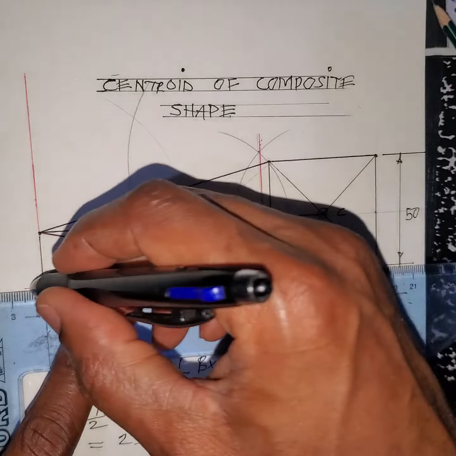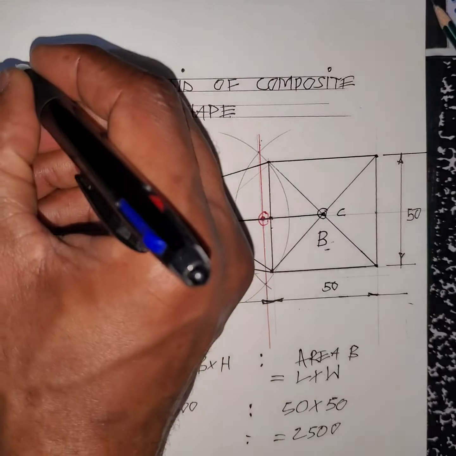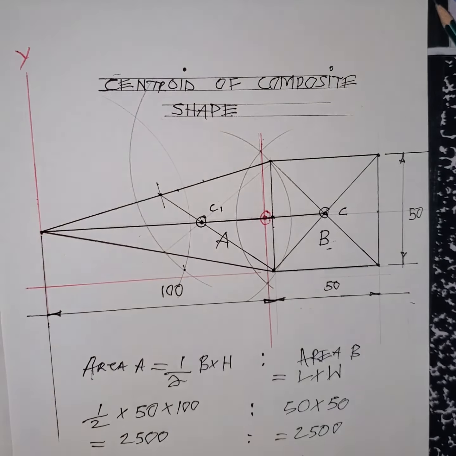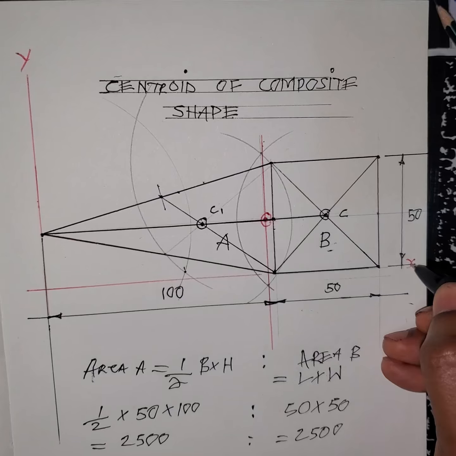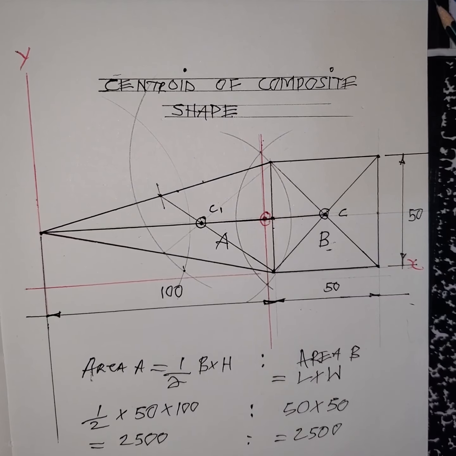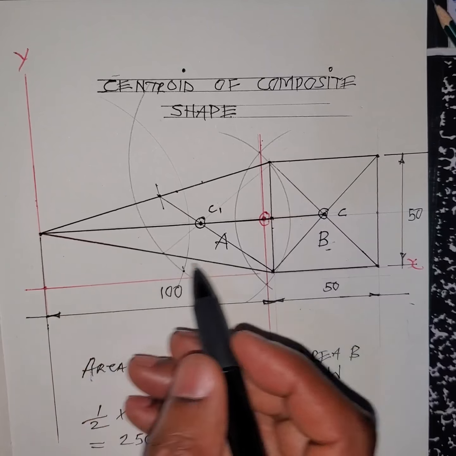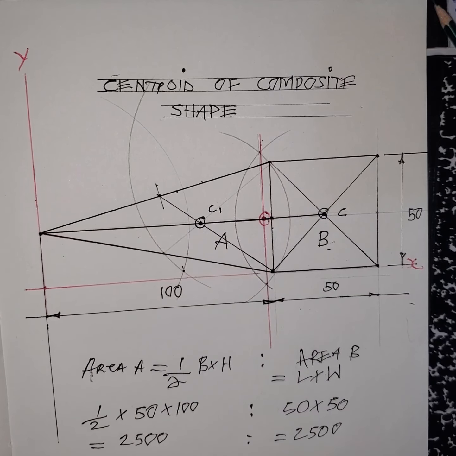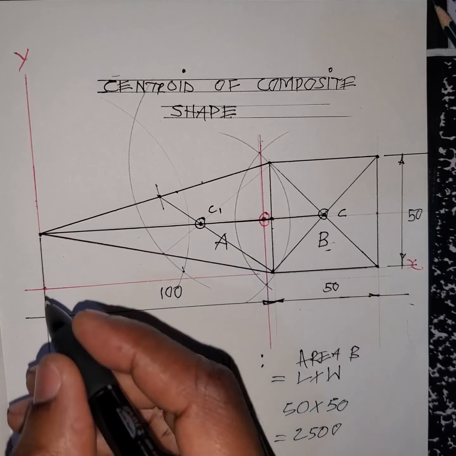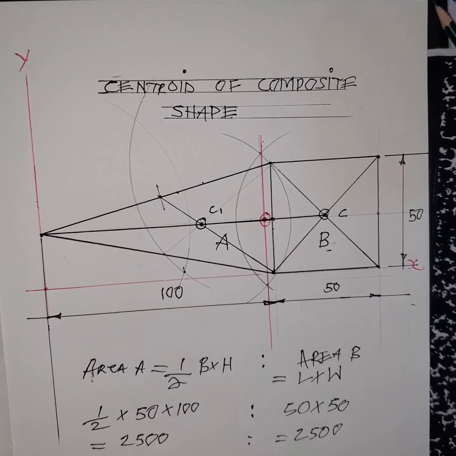So this could be set up like this. We have y here and x here, and they could ask you to find the centroid from this point.